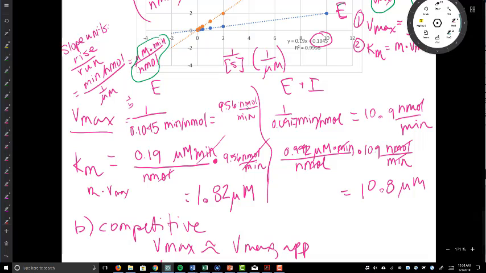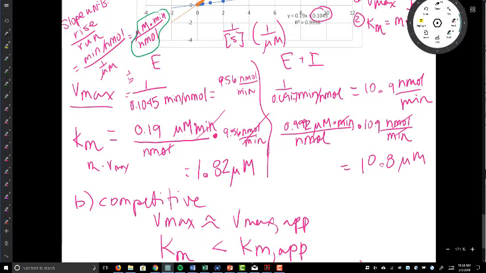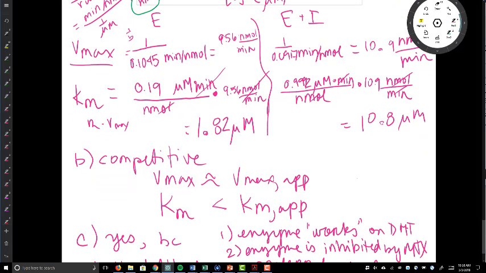So we can assume that the difference in the Vmax is negligible, whereas the apparent Km is much bigger than the Km for the enzyme alone. Because the Km increases but the Vmax doesn't really change, this would be consistent with the mechanism of a competitive inhibitor.